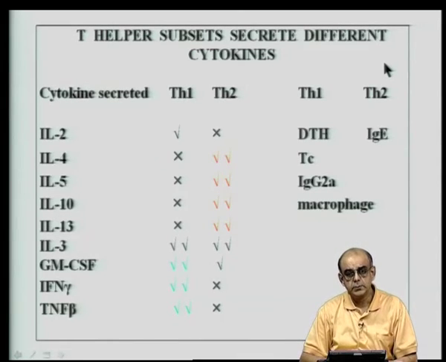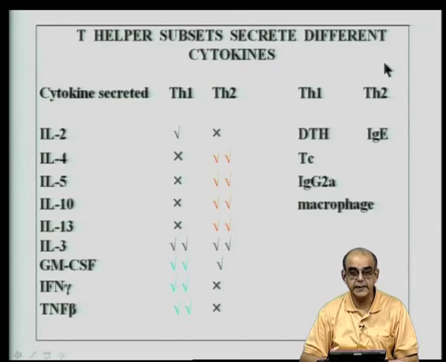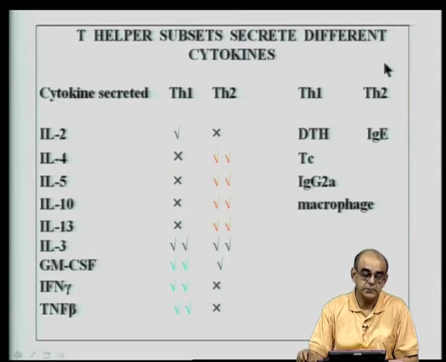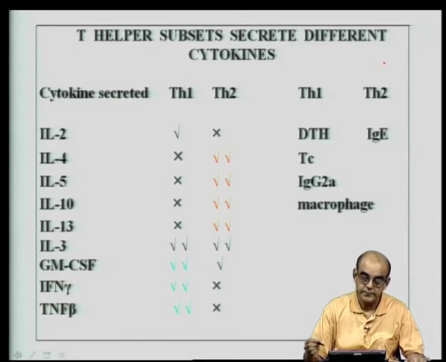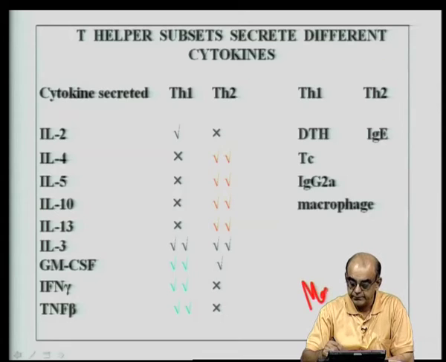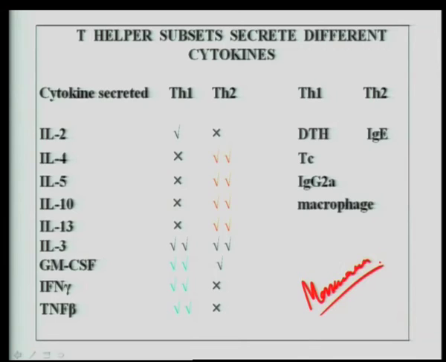Similarly, here with the T cell populations you have heterogeneity, and they were initially characterized by Mosmann, who observed that T cells secrete different kinds of cytokines.